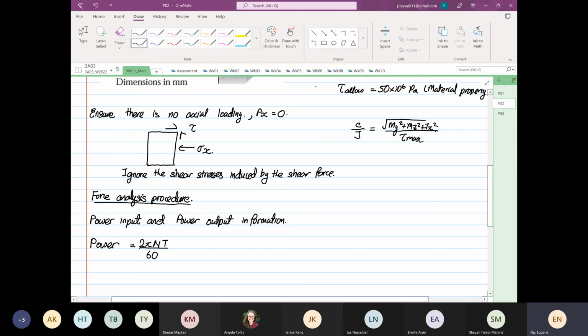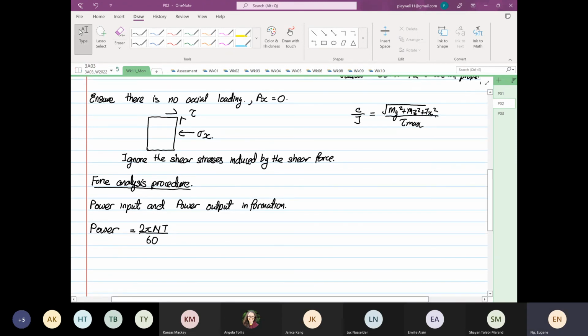Does this look familiar? It does, right? Where n is your number of revolutions per minute of the shaft, so this is usually in RPM, and T is the torque, in Newton meters.